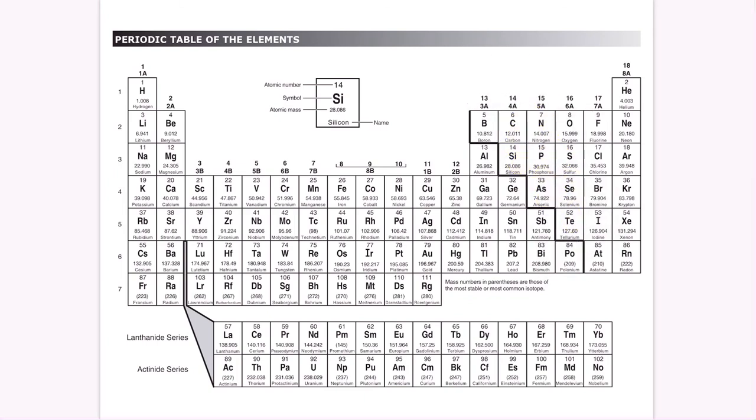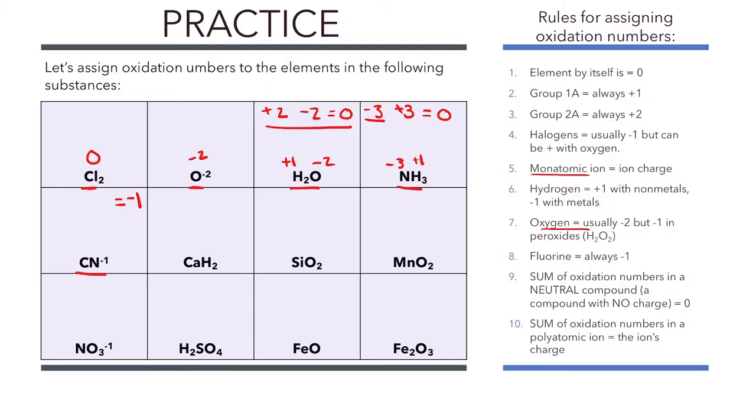And I know that nitrogen is in this family right here, and this family tends to form -3 ions. So nitrogen in this case is going to have an oxidation state of -3. And if that's the case, there's only one nitrogen, and so carbon would need to be a +2 in order for this to be a true statement. So carbon in this case would be +2.